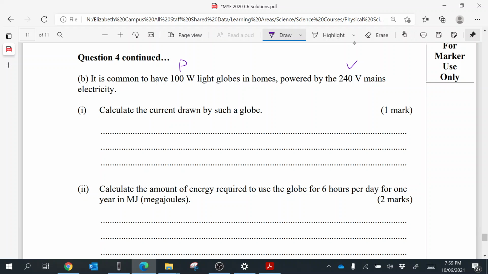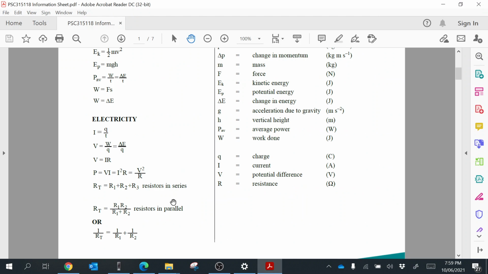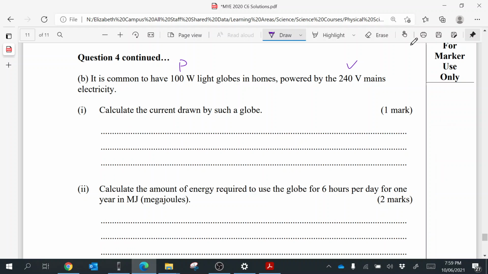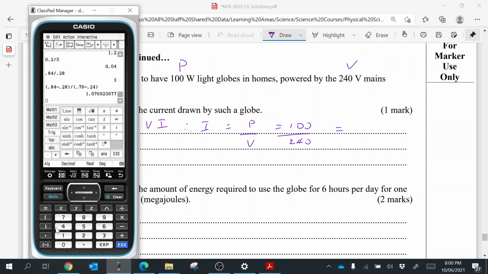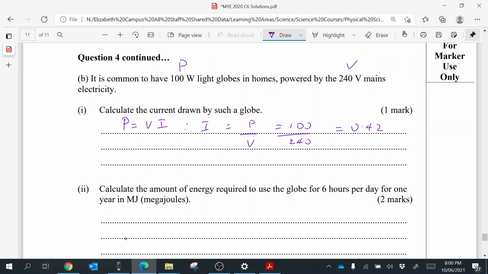This is V. When we have P equals VI, therefore I equals P over V, which is equal to 100 divided by 240, which is equal to 0.42 amps.